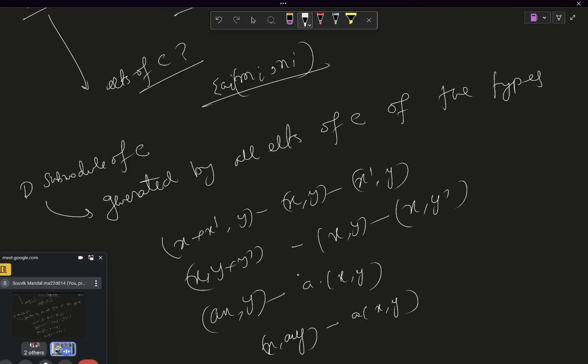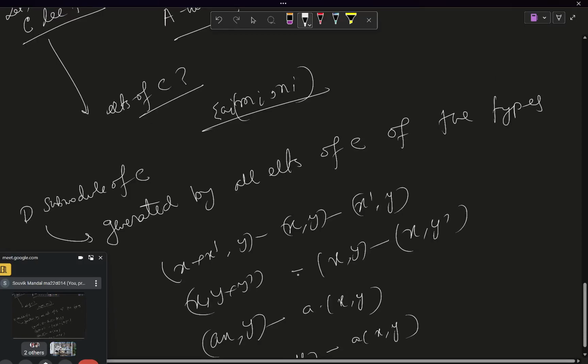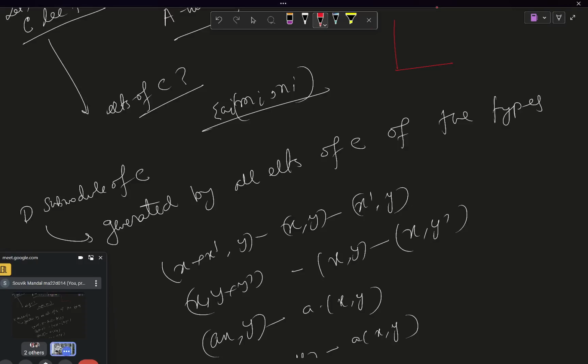For example, suppose we have a ring R. Then an ideal can be constructed by taking a generating set, that is, we can consider the ideal generated by some elements. The same thing in a module: we can consider a submodule D of C generated by some particular type of elements of C. That makes sense, right?